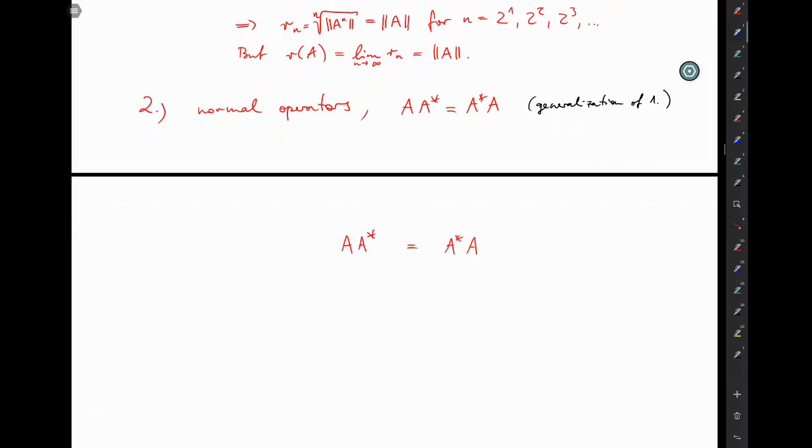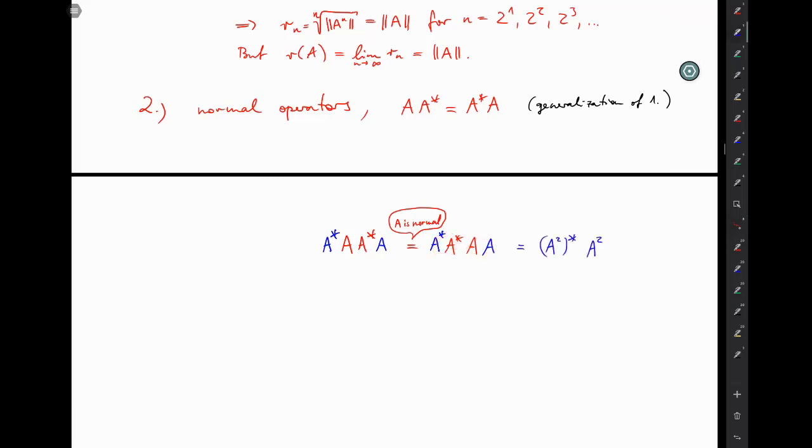Okay, now actually that's still too simple to get something useful out of it, so we have to make it a bit more complicated. How about that? Okay, of course that's still true. Now the right-hand side can be written like we did before, so we just put a square here and a square star here.